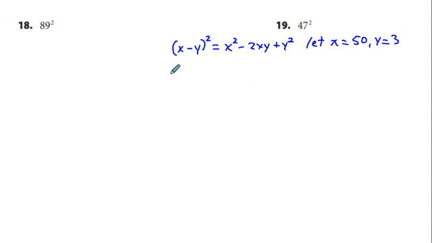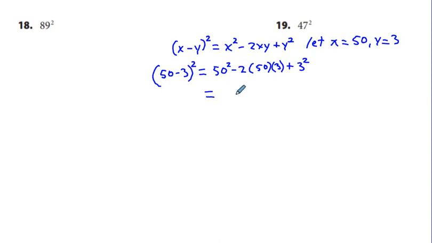And doing that, we're going to rewrite this as 50 minus 3. 50 minus 3 squared is equal to 50 squared minus 2 times 50 times 3 plus y squared, so that's going to be plus 3 squared.